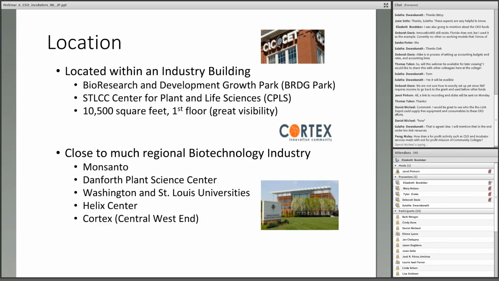There's an announcement later today about yet another company that's coming to St. Louis. By having our facility embedded within an industry building, it gives us great access to a lot of these companies, from startups all the way to medium and large size companies that have come through this building. These connections are really important.